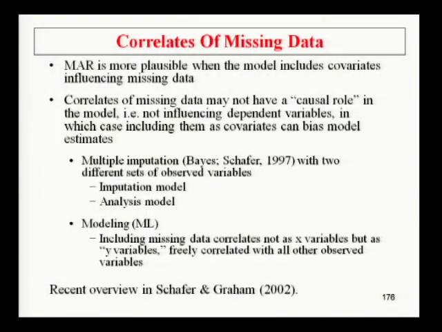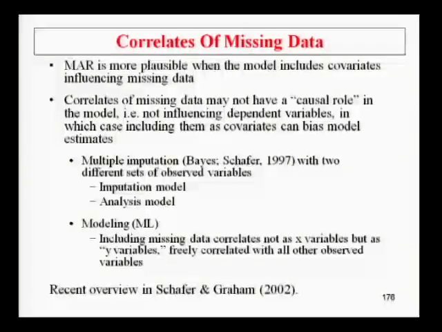So if you have covariates in the model that influence missingness, then MAR is made more plausible. Because as long as missingness is related to variables that are observed for the subject, MAR holds.